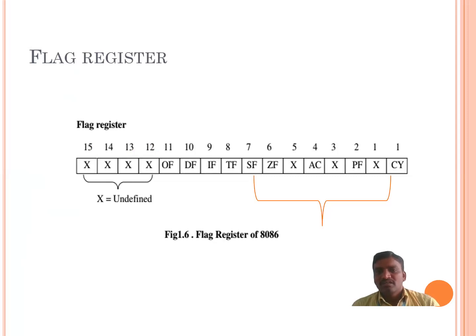The lower byte always consists of conditional code flags only, and in addition to that, it has one more flag, the overflow flag. So the 6 are the conditional code flags and the remaining 3 are the control flags. The flag register is a 16-bit register. Why? Because the microprocessor is a 16-bit microprocessor.